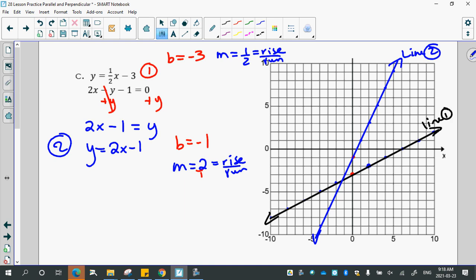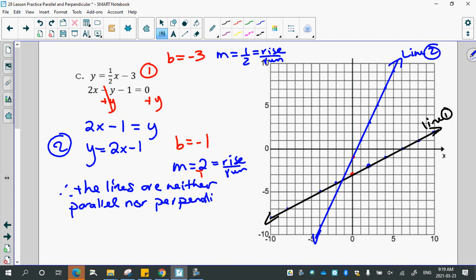So therefore the lines are neither parallel nor perpendicular. It's tempting when you see the rise and run flipped upside down to think they're automatically perpendicular, but they have to have opposite signs as well. So remember that. And you can see it on here, they don't look anywhere close to a 90-degree angle when you draw them on the graph.